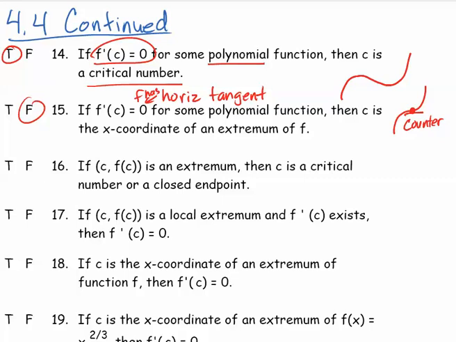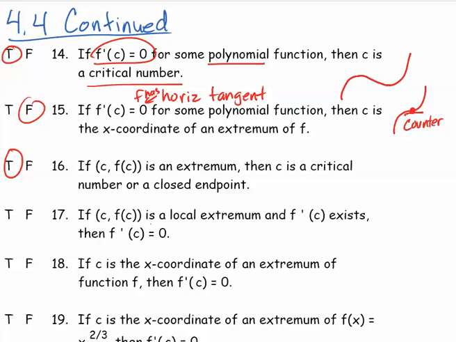Number 16, if we have a point that is given as an extremum, then c must be a critical number or a closed endpoint. That is definitely true. We know that our extrema can only happen at those two places.